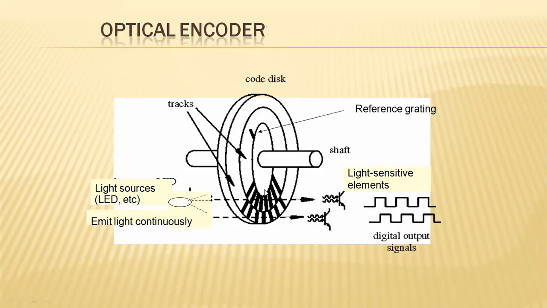If there are n number of opaque sections and n number of holes, and the light rays pass through all the holes, then n number of signals will be generated. Here you can clearly see this section is not allowing the signal, so it is a no-signal. Secondly, this is the first hole where the light rays enter and pass, so one pulse is generated.